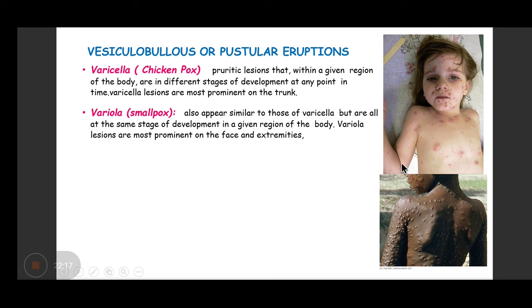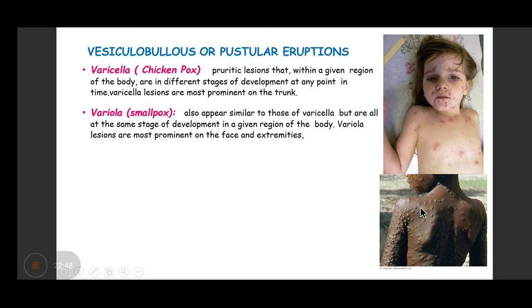We always compare it with smallpox, because the smallpox eruptions used to be all in the same stage. They appear at once, and together they disappear. In chickenpox, some eruptions are in an early stage, others are in a later stage. So they are in different stages of development. Here they are in the same stage of development.